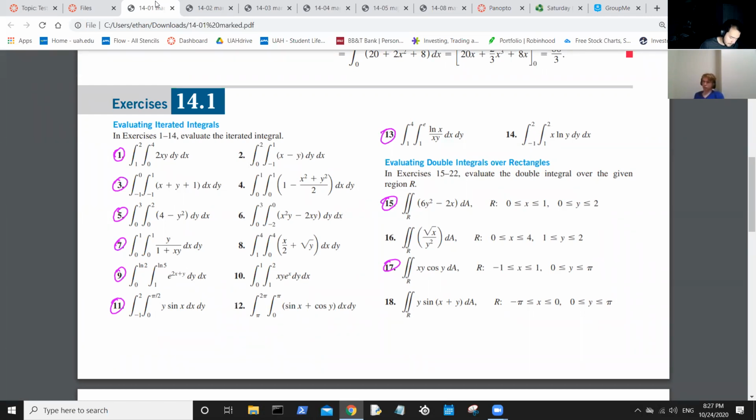Yep. And you take that. So in this case, we can only evaluate the e to the y portion with these limits. So e to the 1, or e to the first, is just 1. So that doesn't change anything about the problem. And e to the ln of 5 is 5.